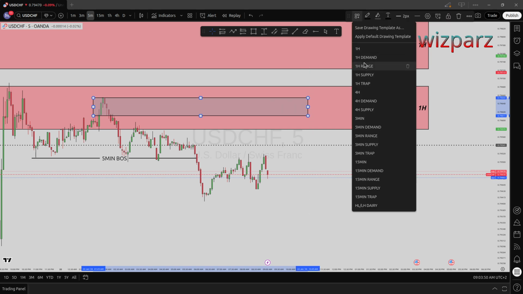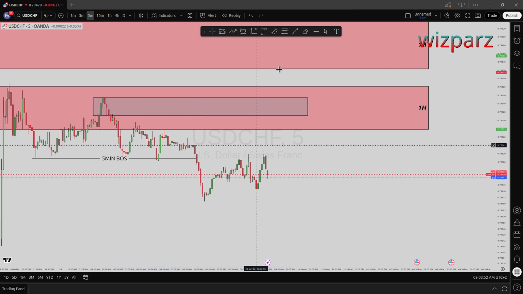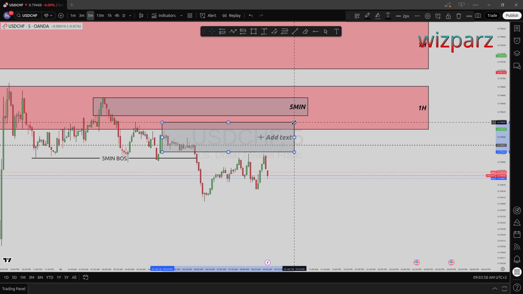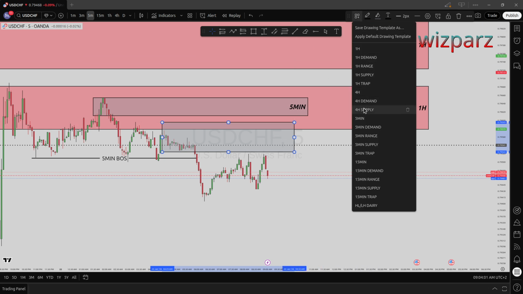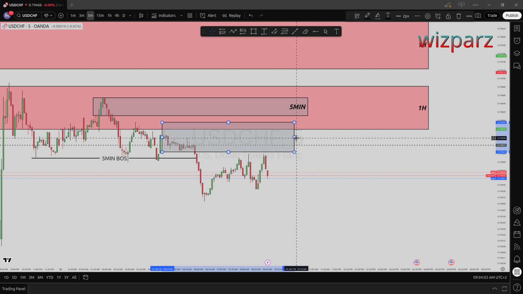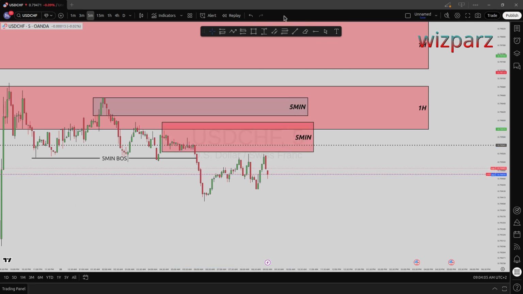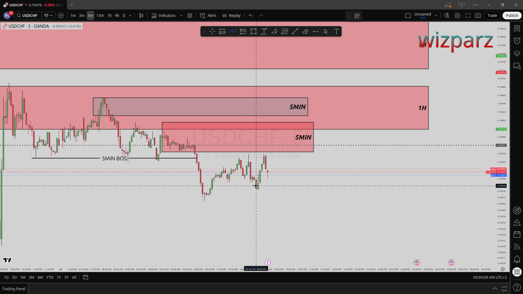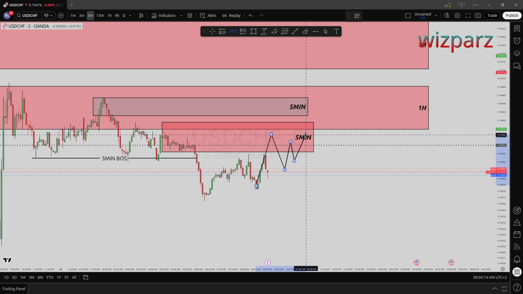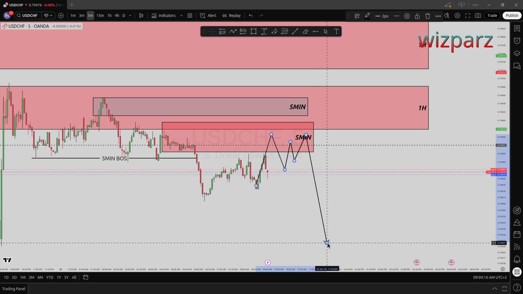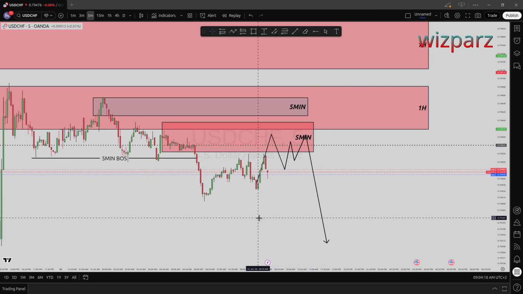This is the 5 minute supply area here. So I'm waiting for price to come back to this area and give us a 1 minute change of character. Then we are going to place a short entry.